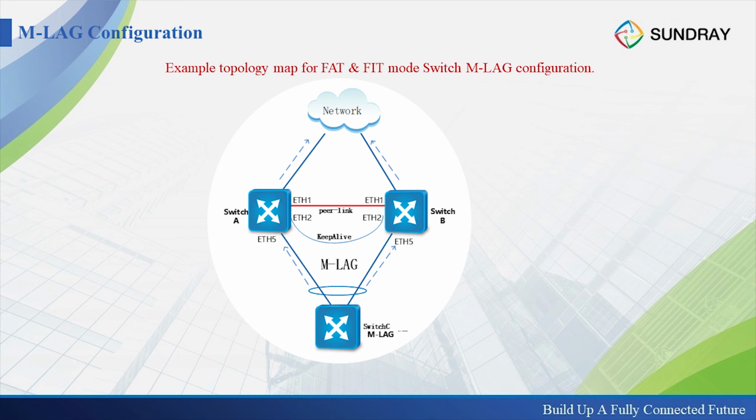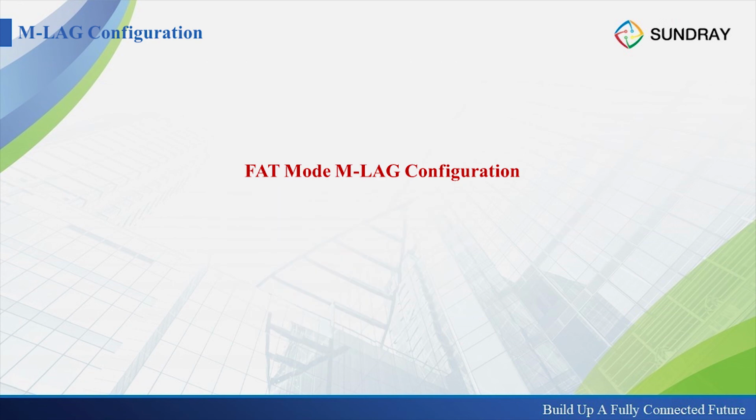For the FAT mode MLAG configuration, please note that for MLAG, we support a maximum of 2 smart switches in one MLAG system. We also need to configure the MLAG ID. In FAT mode, you need to configure the MLAG ID to make the MLAG system, and the MLAG ID must be the same for both switches.